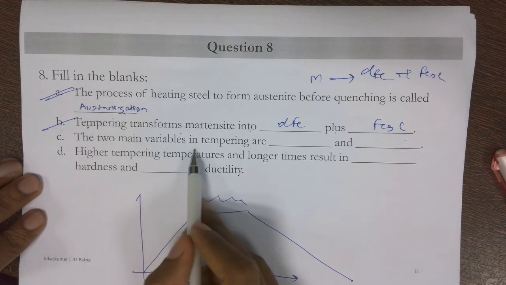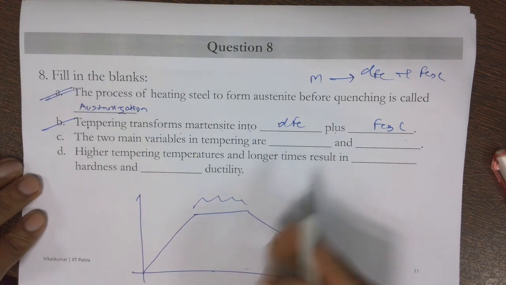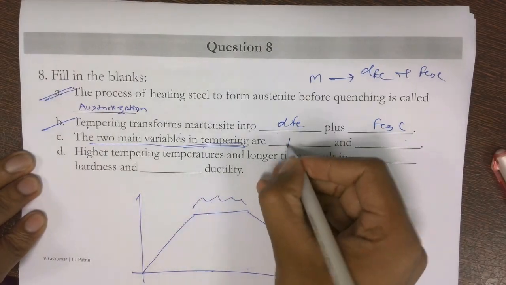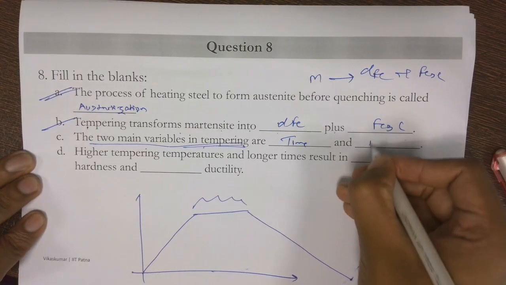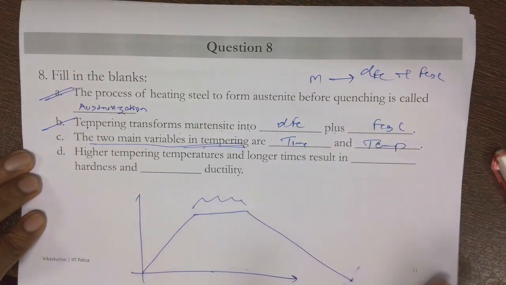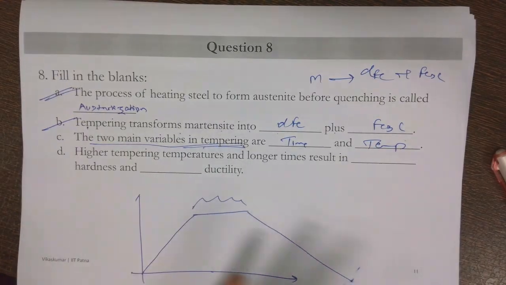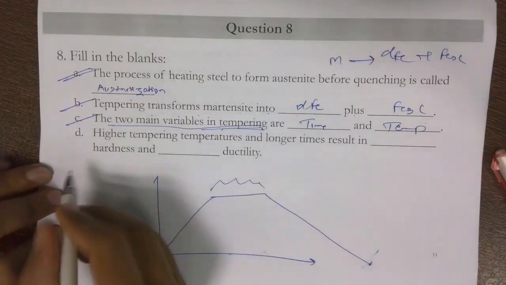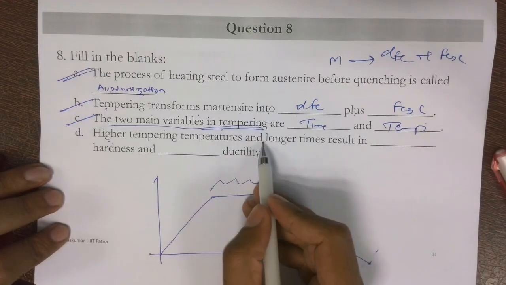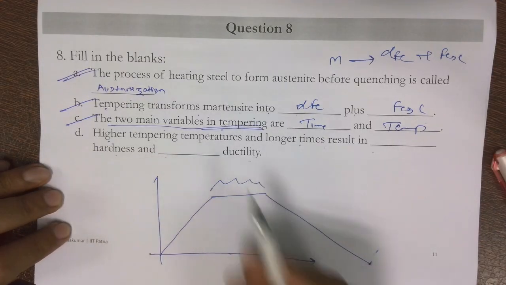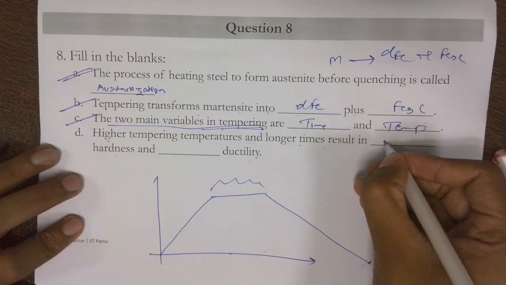The two main variables in the tempering are the time and the temperature. To what temperature we are tempering, and at that particular temperature for how much time we are tempering it. Now D. Higher tempering temperature and longer time result in a dash in the hardness and a dash in the brittleness. The hardness will go down.